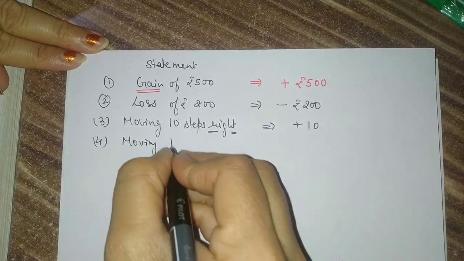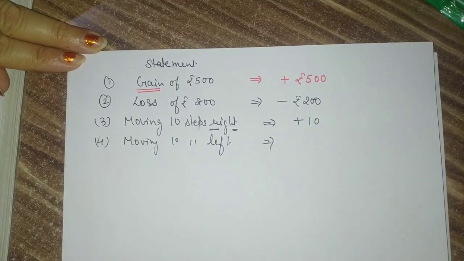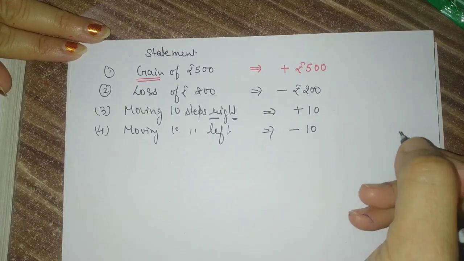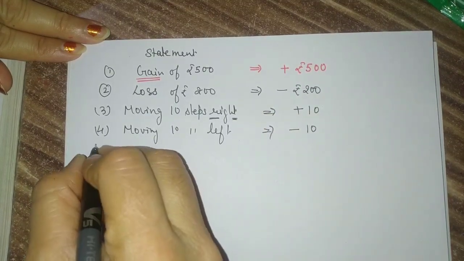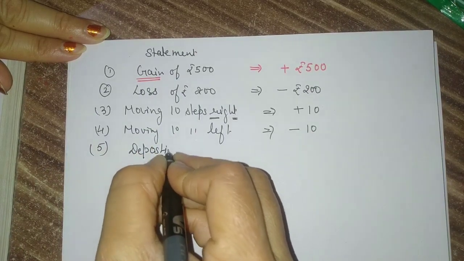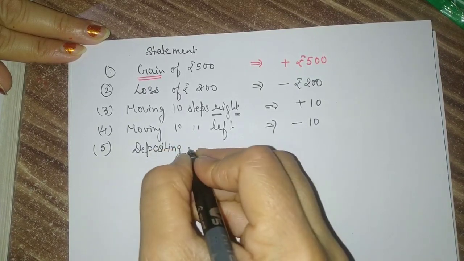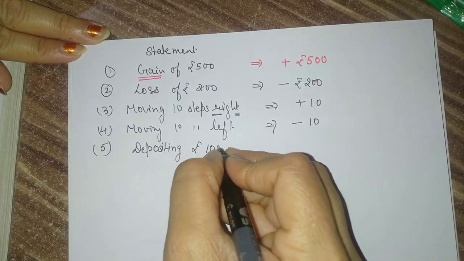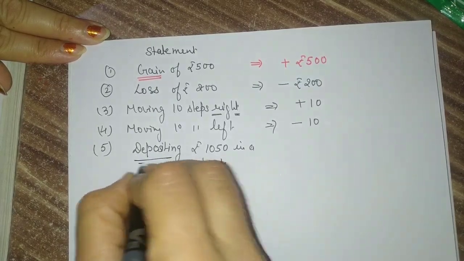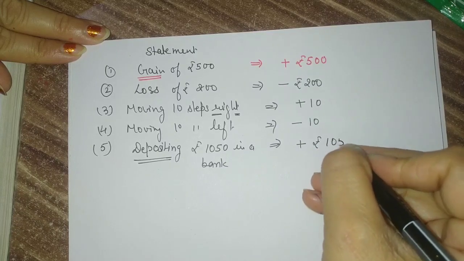Moving 10 steps left. Left is a negative term and we use minus, so we will write negative 10. If we deposit money in the bank, depositing rupees 1050 in a bank, deposit means a positive term, so we will show plus rupees 1050.